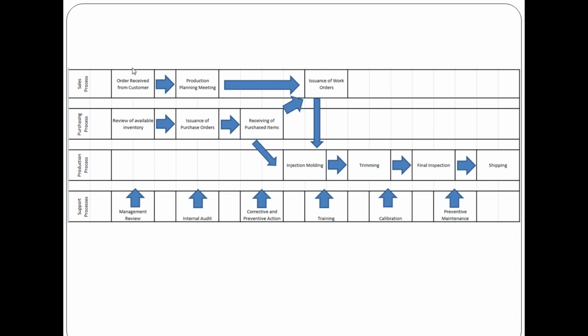In this instance, we have these steps that start at the same time for sales and purchasing, and then we have a reflection of how all of this meets up with the issuance of the work order and the receiving of purchased items, and that flows into the production process. And then down here we have support, lending full support to the core activities up here.